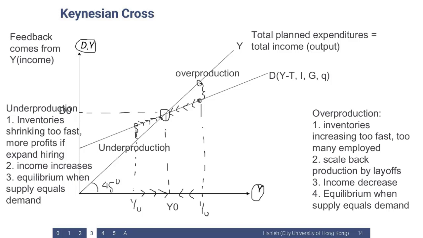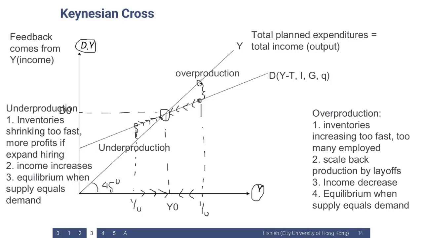With more income, they're going to demand more goods and services, and the economy is going to keep expanding until enough production is there to meet the demand. So Y equals D, essentially, right? It's all recursive, feeding back until we restore balance or equilibrium.